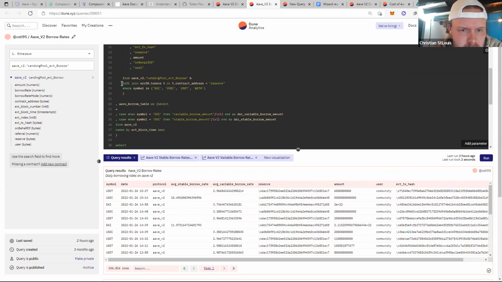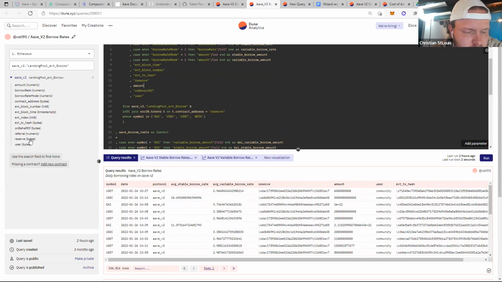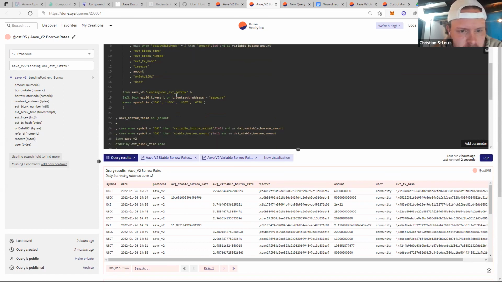And this is just basically joining the reserve contract. So the reserve is basically just the actual underlying token that's being borrowed. And so we're just joining that with an ERC20 tokens table that basically just maps the smart contract to the symbol, just so it looks nicer.